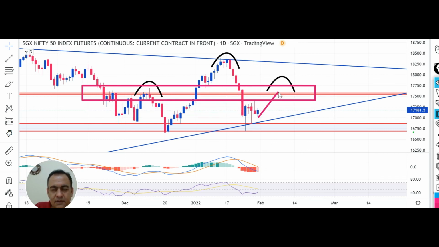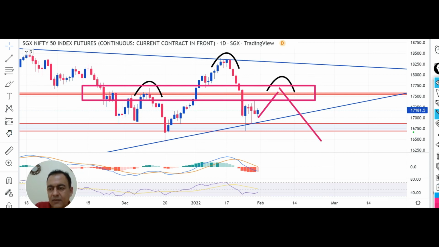So this is one probability that it may rise towards 17,500 to 17,600, completes the right shoulder. It's making a formation of head and shoulders. This is the head, the left shoulder, and it completes the right shoulder and then comes back.